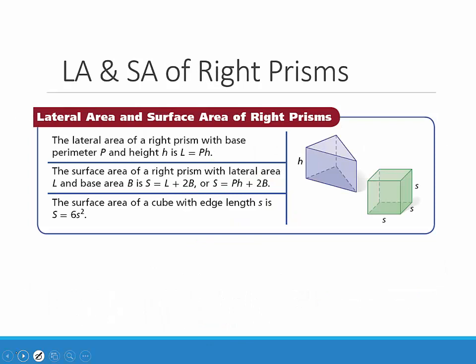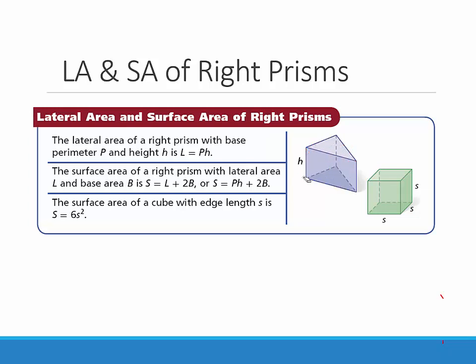So let's talk about right prisms first. The lateral area of a right prism with base perimeter P and height H is P times H. So basically, you find the perimeter of this base, and then you multiply it by how tall it is, and that gives you this face here, the face back here, and the face back there.